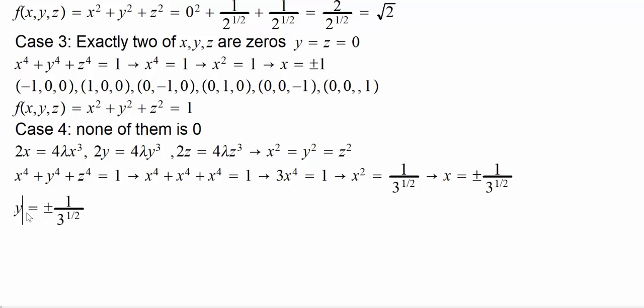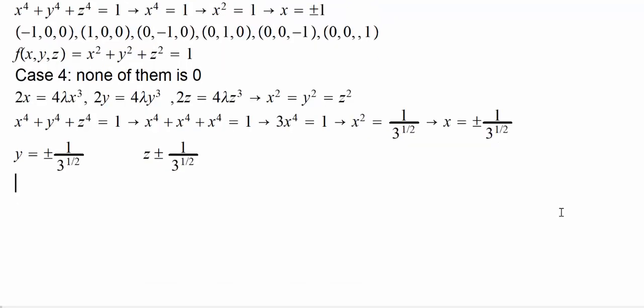So what are we going to get? We are going to get a set of how many points? I think 8 points, right? That is 1 over 3 to the 1 over 2, 1 over 3 to the 1 over 2, and so on.